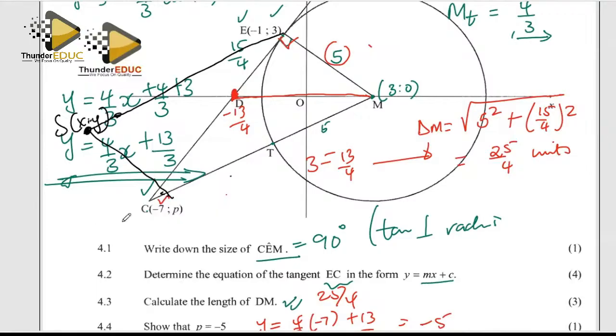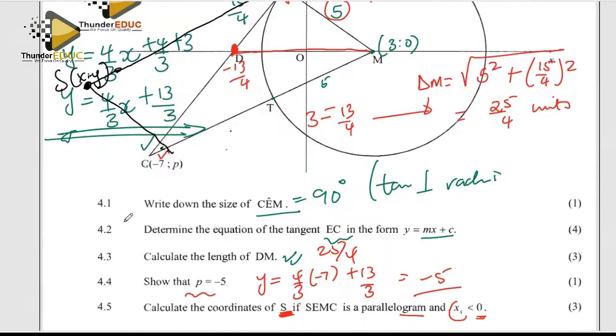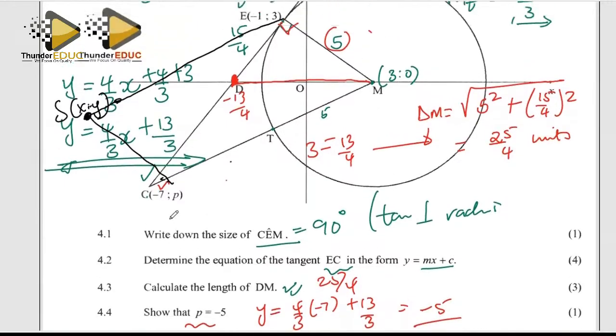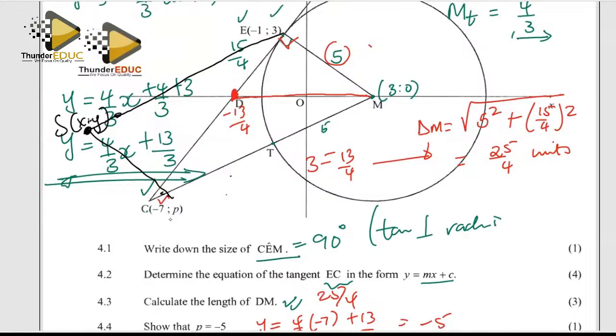Now, whenever we have a parallelogram, the trick of determining the missing coordinates is for us to use what we call the midpoint formula. So we need to get the midpoint of EC, which must also be the same midpoint as SM.